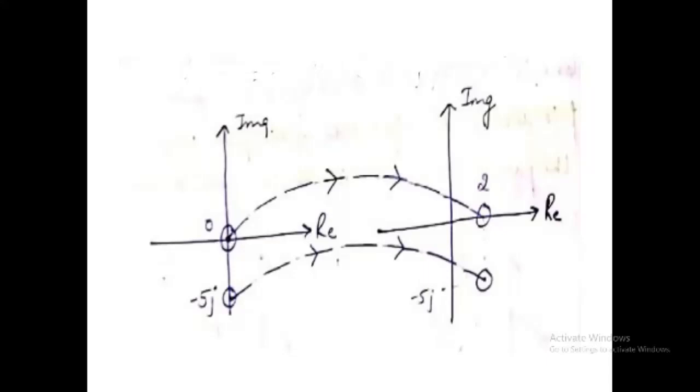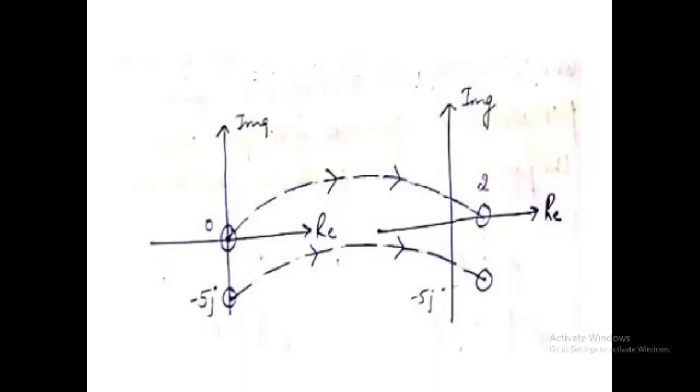Note that polar plots are also examples of mapping. G(S)H(S) is equal to 1 upon 1 plus S, or G(j omega)H(j omega) is equal to 1 upon the square root of 1 plus omega squared. So for every point in the S plane there exists a corresponding complex point in the P(S), or G(S)H(S), plane.